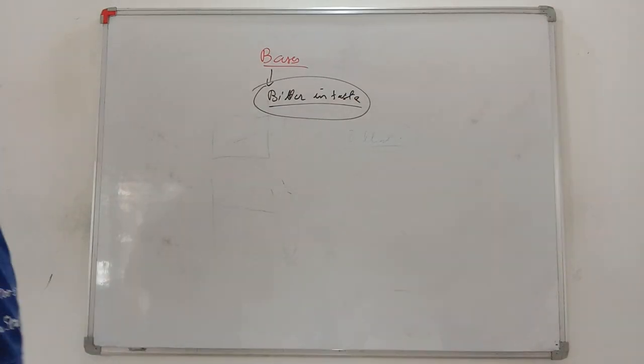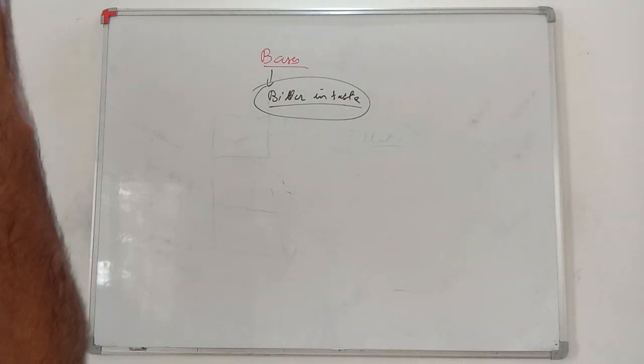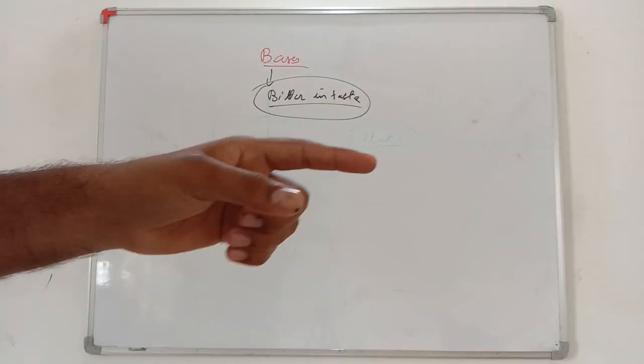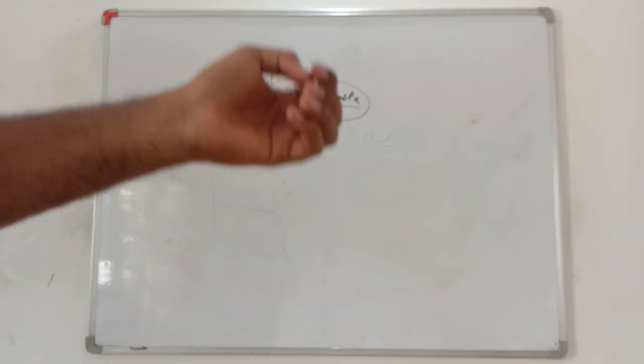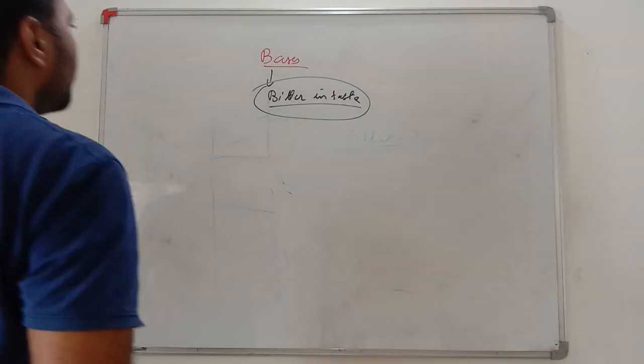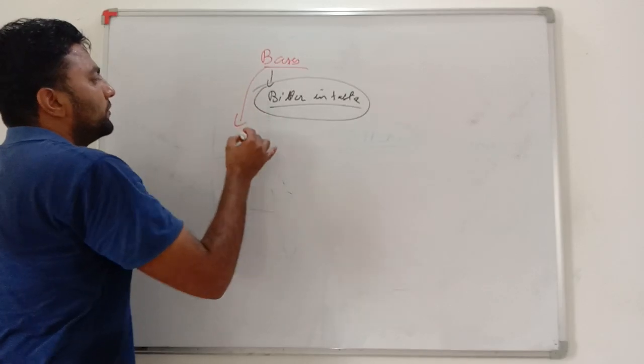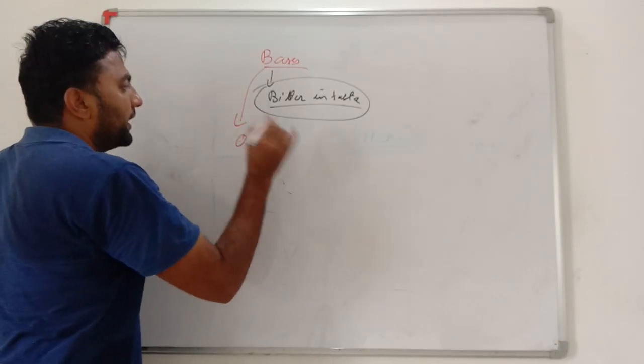See, my dear students, as we get to know that acids are acids because and only because these are the compounds which dissociate H plus ions into water, or they are having free H plus ions. Similarly, bases are also materials which give OH minus ions.